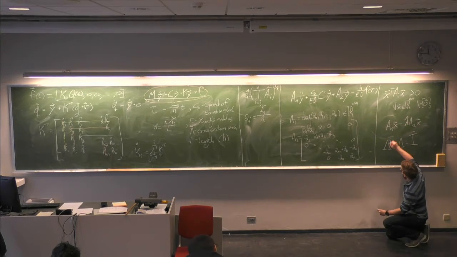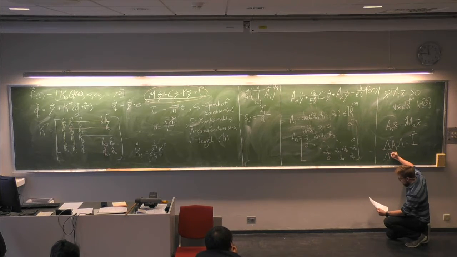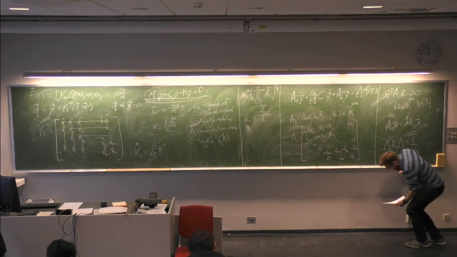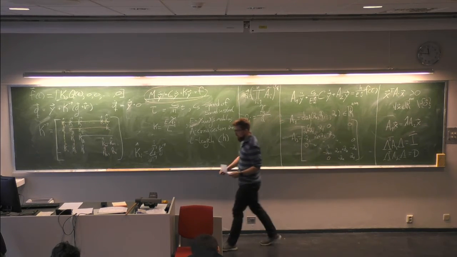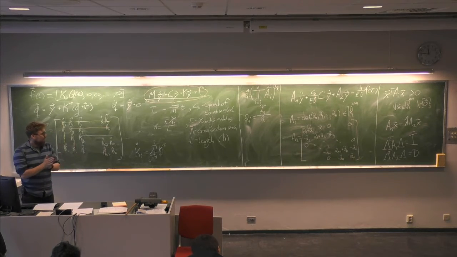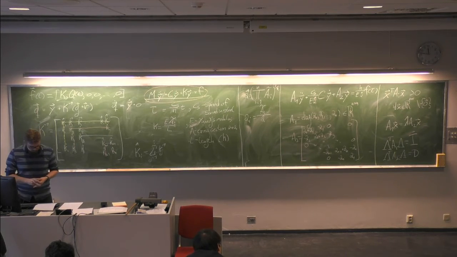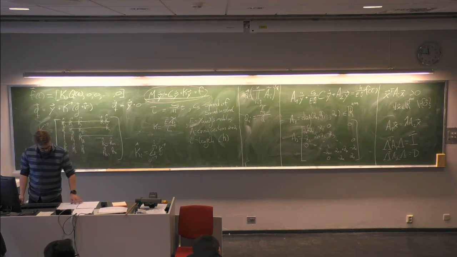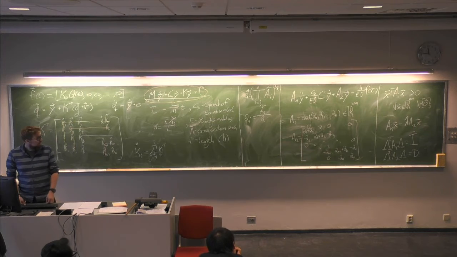Oh, sorry, post-multiplied, and transposed A2 lambda is some kind of diagonal matrix D. So next we're going to do linear algebra. We should decouple this system.